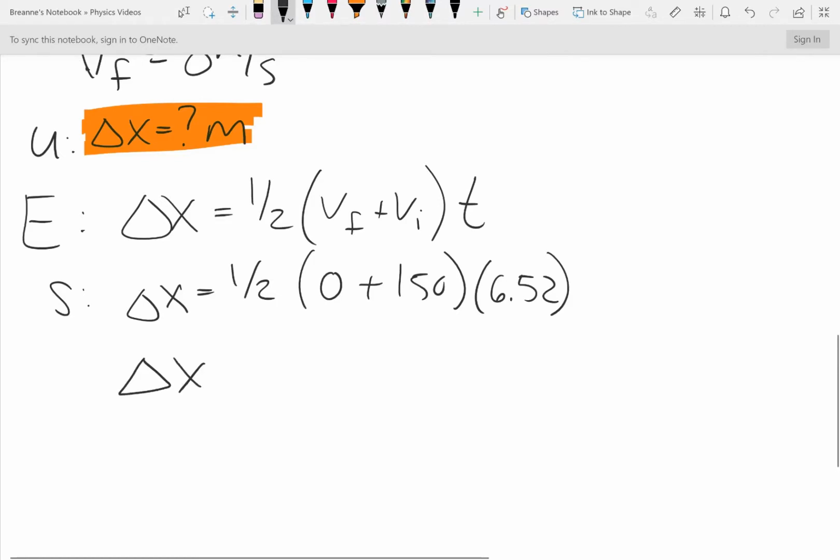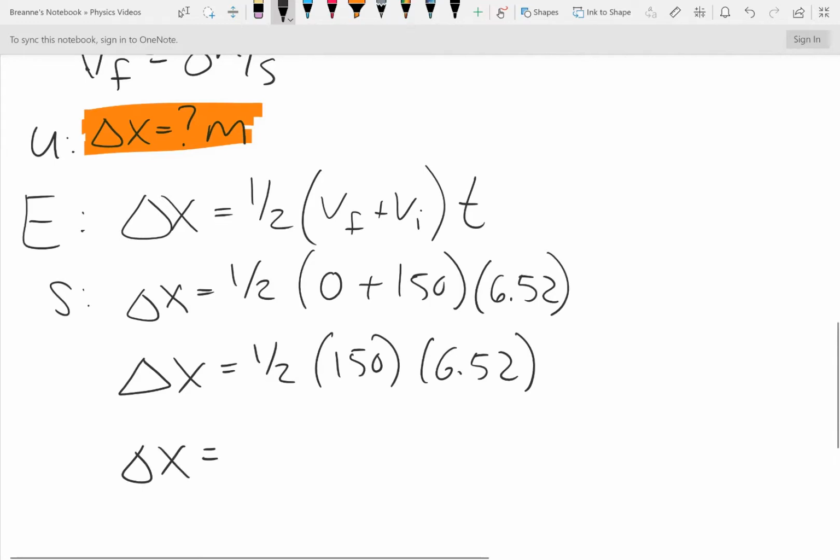Again, at this point in time, we are done with physics. It's purely algebra. So do your PEMDAS. Parentheses come first. So inside the parentheses, you just get 150. And now you just multiply across. So you would do 1/2 times 150 times 6.52.